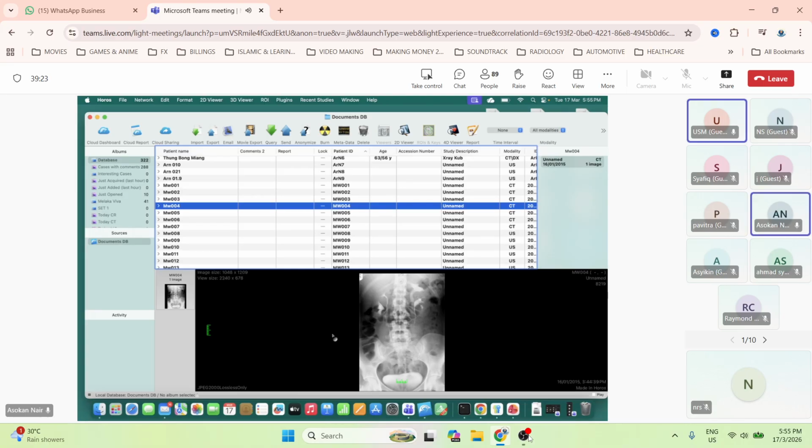All pediatric patients, you want to do what? Ultrasound, yes. Ultrasound is excellent. You always do an ultrasound when you see a duplex system because you may not see the ureterocele, but ultrasound may show the ureterocele.